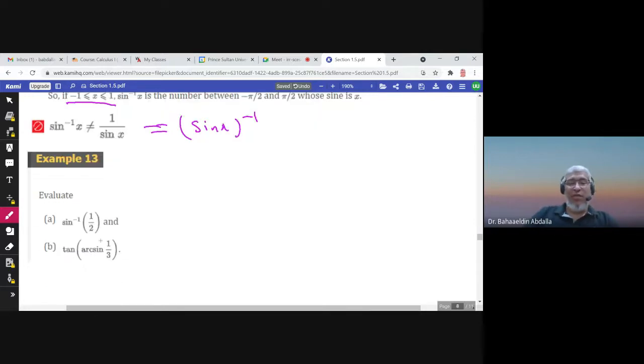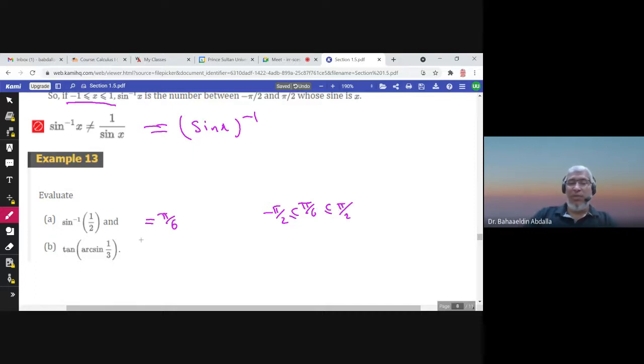Evaluate sine inverse half. Use the calculator to find sine inverse half. It will give you the answer. Sine inverse half is just pi over 6. Why? Because sine pi over 6 is half, and pi over 6 is between negative pi over 2 and pi over 2.